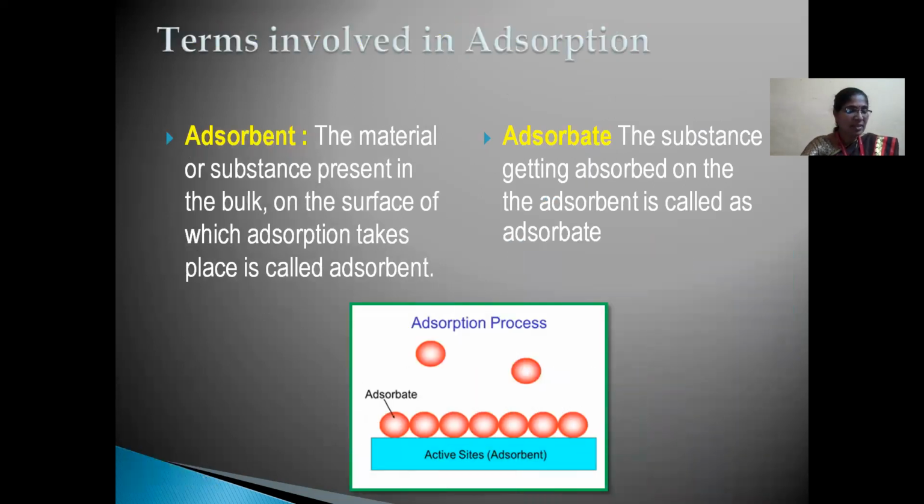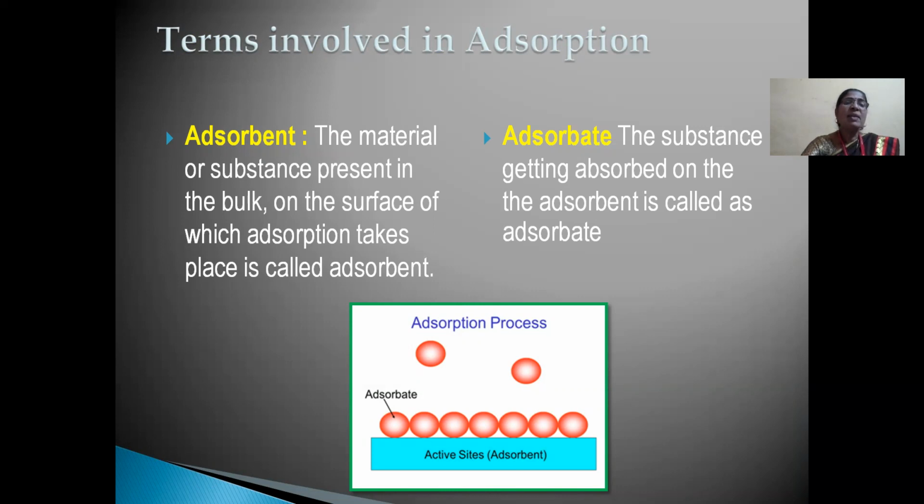Adsorption must be different from absorption, which is defined as the phenomenon of uniform distribution of one substance throughout the body of another substance. For example, water vapors are absorbed by calcium chloride to form hydrate, but are adsorbed by silica gel. Ammonia is absorbed in water, but it is adsorbed by charcoal.